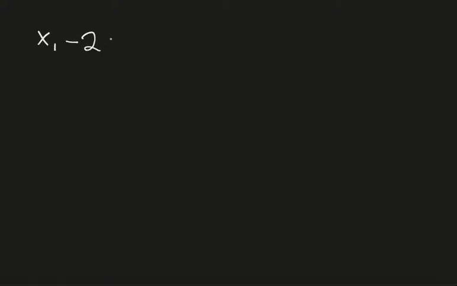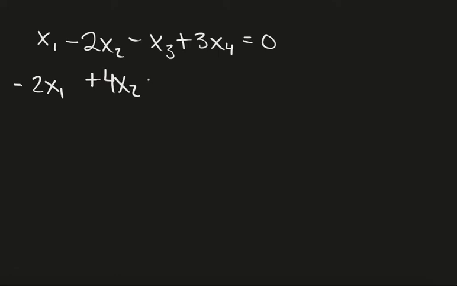x1 minus 2x2 minus x3 plus 3x4 equals 0. We'll also impose the equation 2x1 plus 4x2 plus 5x3 minus 5x4 equals 0.